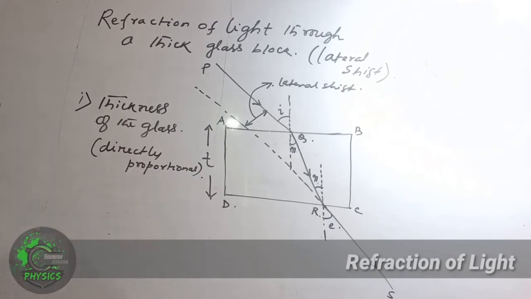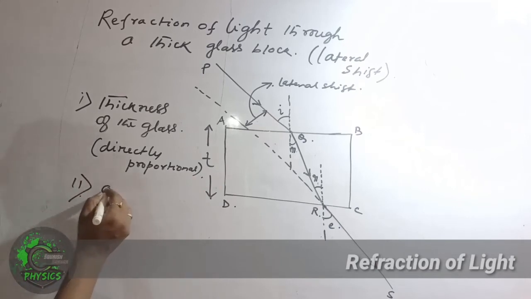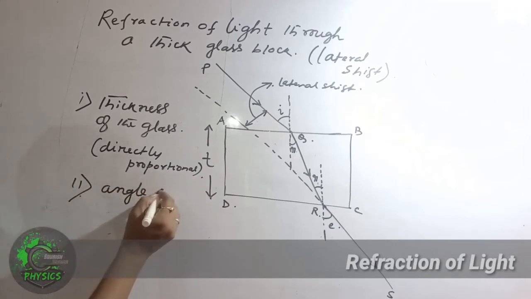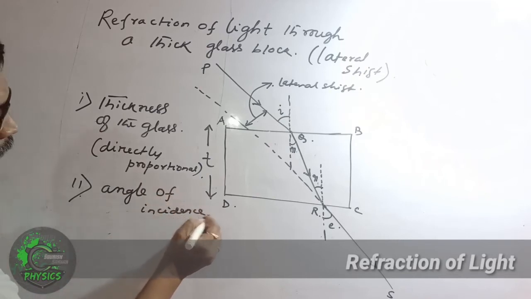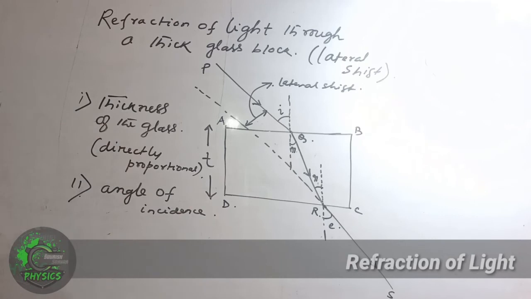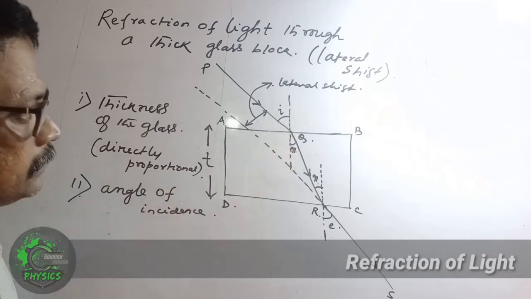The second factor is that it depends on the angle of incidence. How does it depend on the angle of incidence? The more the angle of incidence, the more is the lateral shift.